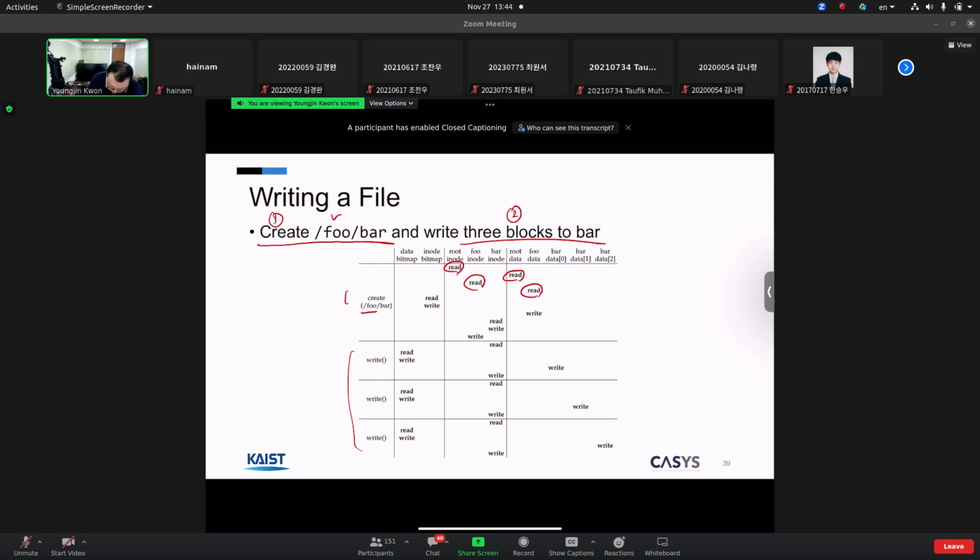Then what is it? Then inode bitmap read and write. Why? What inode are we talking about here?